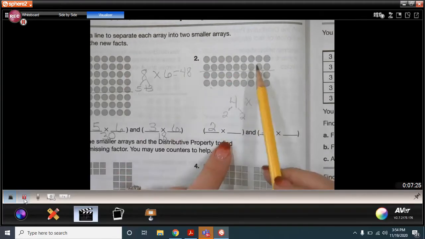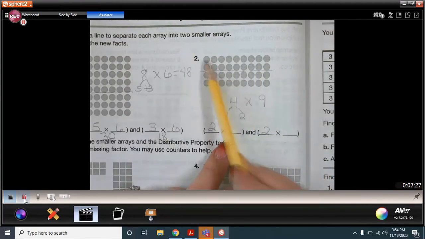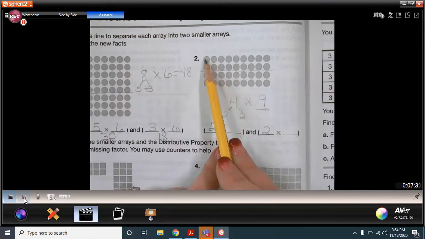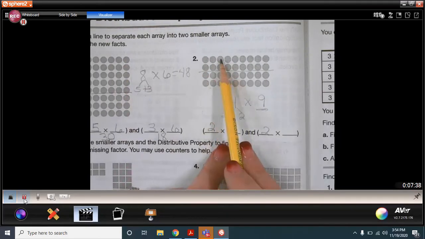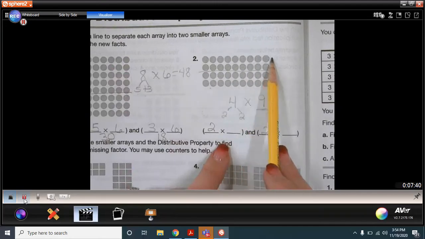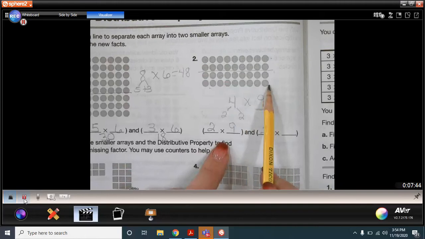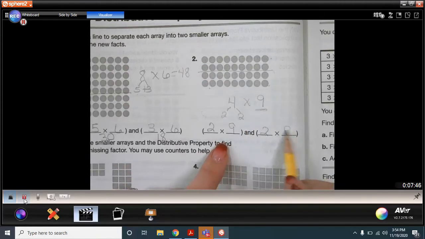Now I need to know how many is in each row. So, I know that I have 9 in each row. That's not going to change, and I'm not breaking up the parts that are in each row. I have 2 rows of 9 on the top, 2 rows of 9 on the bottom.